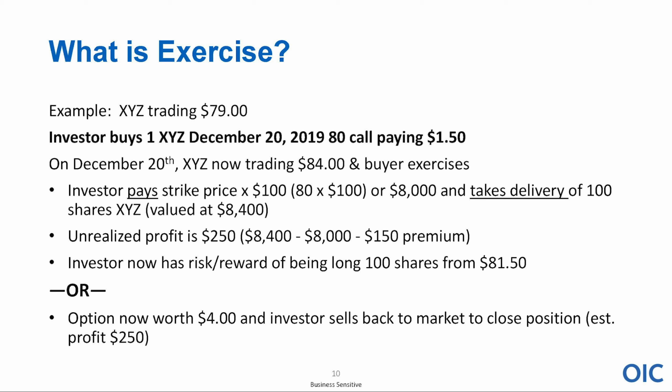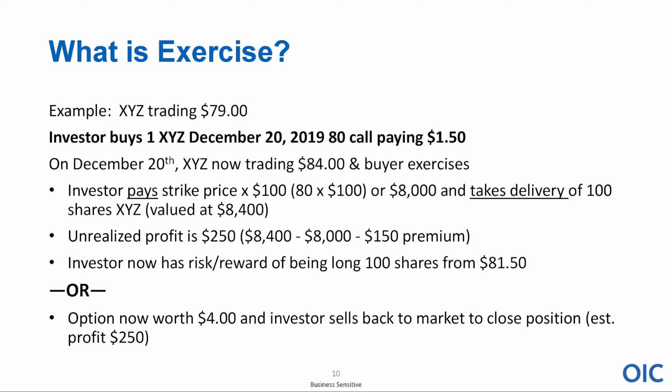And I control the stock at $80 per share, no matter how high it goes, between now and that third Friday in December. So I pay and take delivery of one of those options, right? If I decide to exercise the option, the stock is now heading higher.